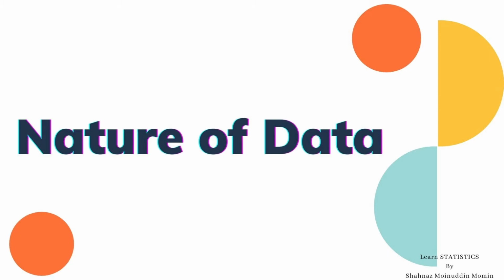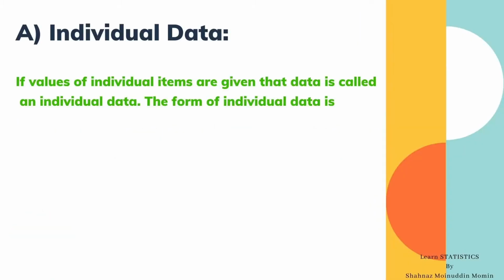Now let us see the natures of the data one by one. The first nature of the data is individual data. In individual data, if values of individual items are given, then the data is called individual data.